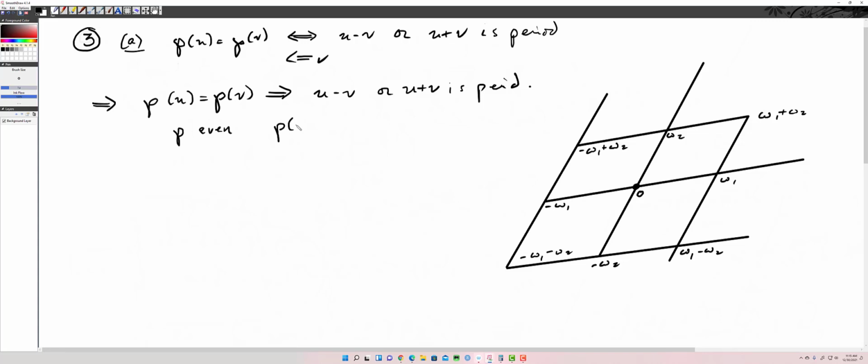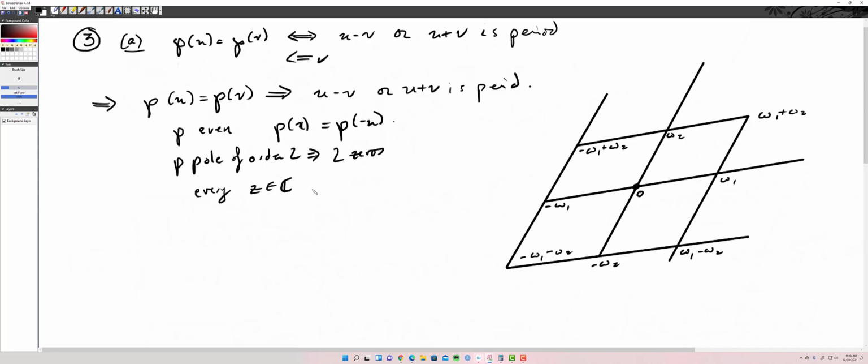And this means that P of U equals P of minus U. Second of all, we know that P has a pole of order 2, which means that it has 2 zeros, or a 0 of order 2, which further means that if I subtract any constant from this function, constants are elliptic functions, that means it's got to hit every number z in the complex plane twice, 2 times.